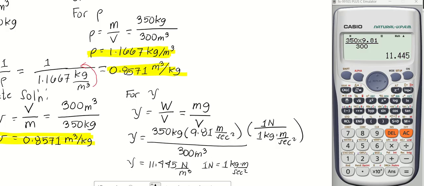So we can cancel the units: kilograms, meters, second square. The remaining unit is in newton. So therefore, we can say that the answer is 11.445 newton per cubic meter. Let me highlight the answer key for you.